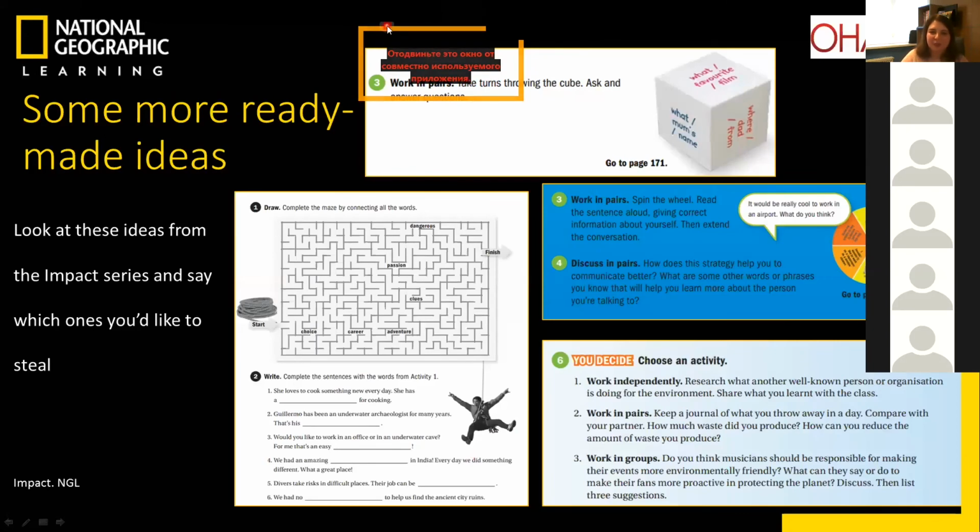Here we have some extracts again from the Impact books, different levels of the Impact books. First of all, I'm giving you some time to get acquainted with the tasks. Activate your critical thinking and your teaching experience, and think which ones you find really beneficial.